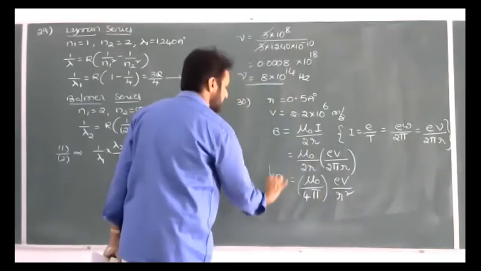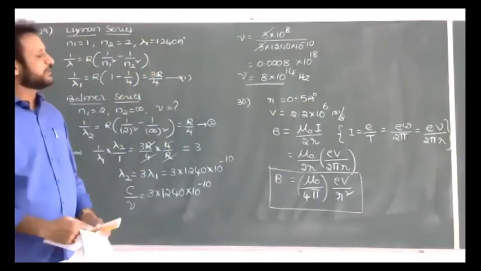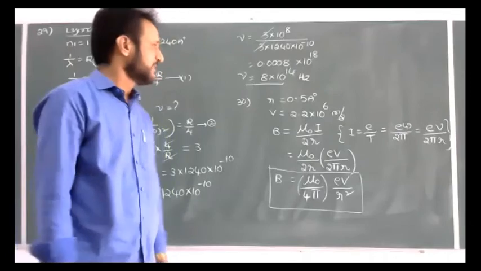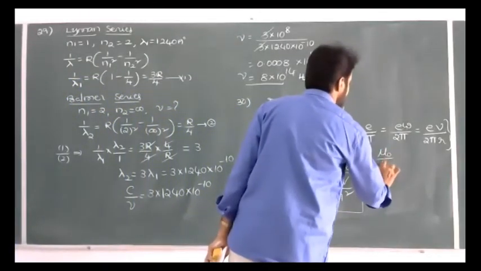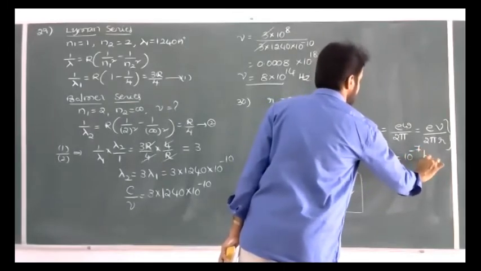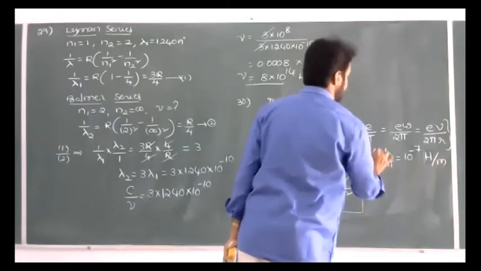Now use this formula for calculation: B is equal to mu naught by 4 pi into e v by R square. Mu naught by 4 pi is equal to 10 to the power of minus 7 Henry per meter, a constant value.